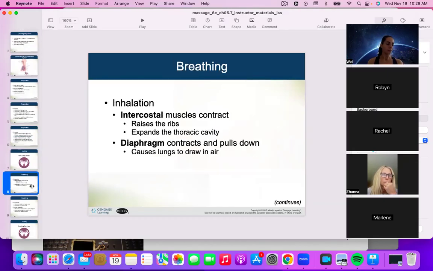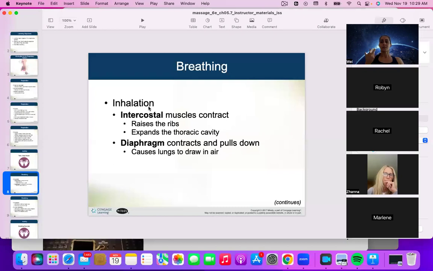Now, let's talk about breathing. There are two phases. We have inhalation and exhalation. You with me? In the inhalation process, you have the ribs, right? We have ribs and we have muscles attached between the ribs called intercostal muscles.